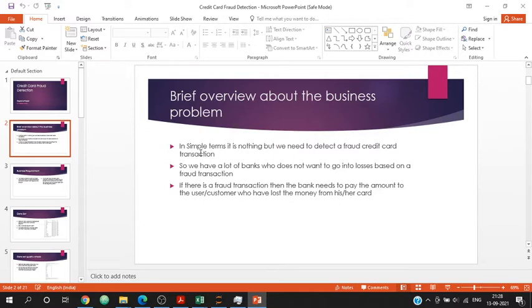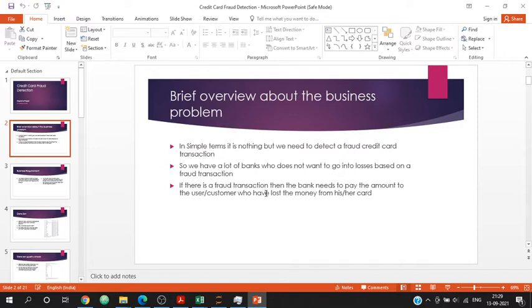The basic bank requirement is that they do not want to go into losses because of fraud transactions. When a fraud transaction happens through a customer's card or account, the customer will not be willing to pay the money he lost due to the fraud transaction.